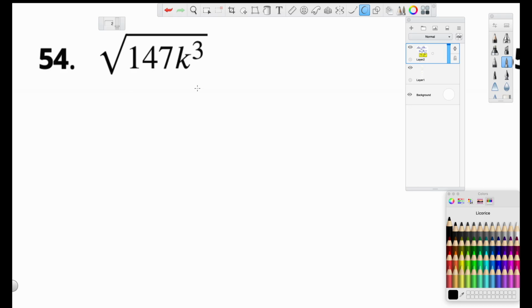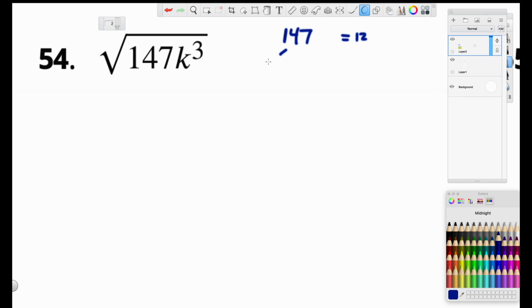Okay, root 147k to the third. So 147. Quick trip. We know this is odd, so 2 doesn't go in, but does 3 go in? If we add all the digits, 1 plus 4 plus 7, that gives us 12, and 3 goes into 12.